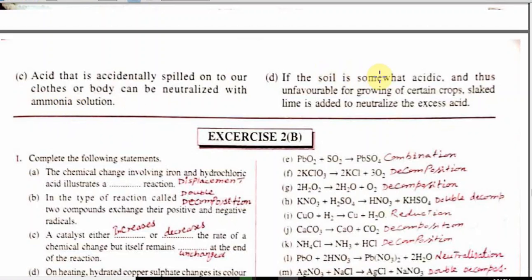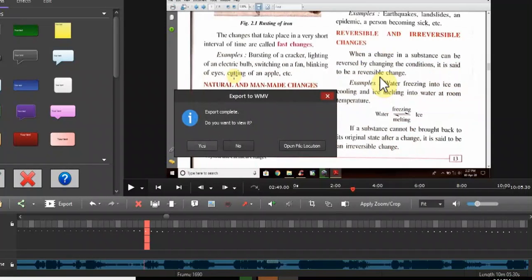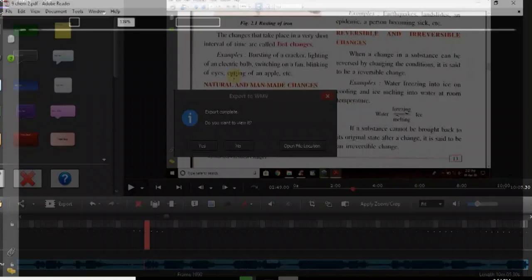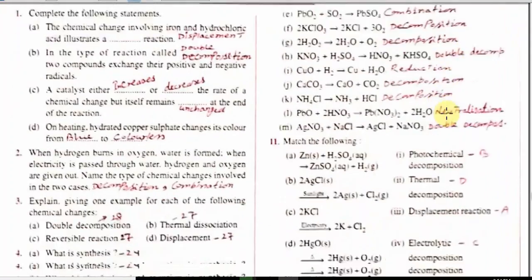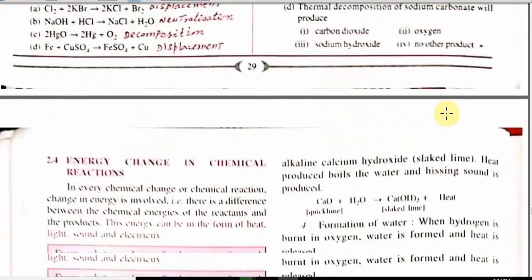If soil is somehow acidic and thus unfavorable for the growth of certain crops, slaked lime is added to neutralize the acid, and hence it makes the soil very good or neutral.